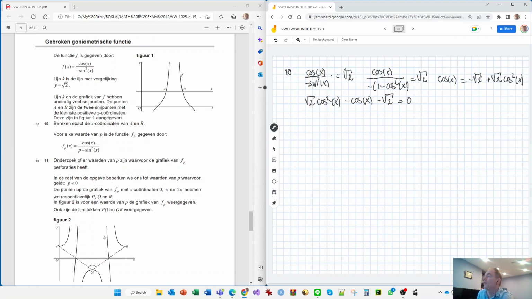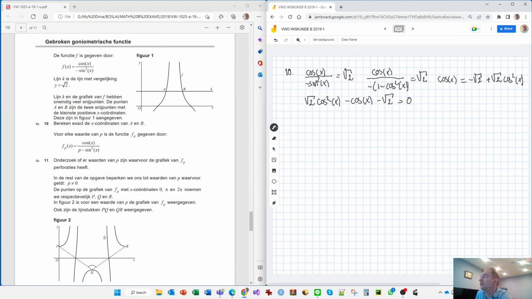Again, with these things, just double check everything because if you make a mistake, things get very ugly. Okay, minus is a plus square root of 2.